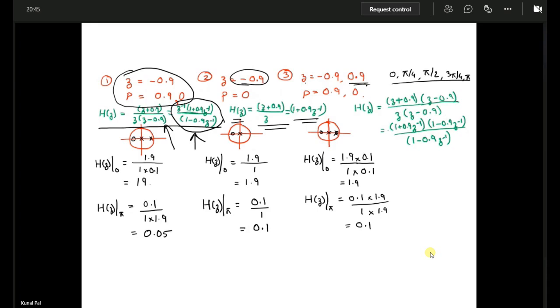Now suppose I give you this pole and this zero location, and I ask you to find the transfer function and plot the pole zero plot. Interestingly, what you will find over here is that H(z), in the numerator, has an expression of z minus 0.9, and in the denominator also we have an expression of z minus 0.9.